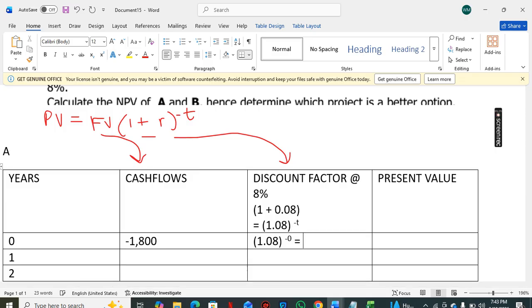If you remember the laws of indices in our first lessons, there was that law that I showed you, anything to the power 0 equals 1. So your present value, you're going to say negative 1,800 multiplied by 1, we're going to get negative 1,800. Any questions?